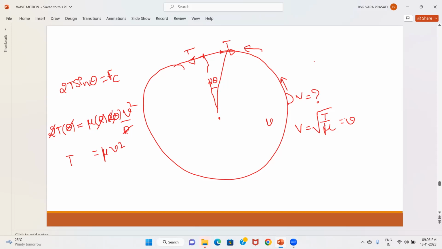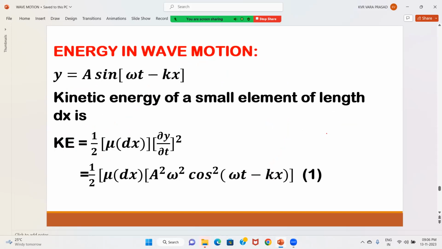So we have to focus on how to calculate tension. Once it is known, it is simply root of T by mu, right? This calculation and the earlier calculation are almost the same. Okay, now see the next one.